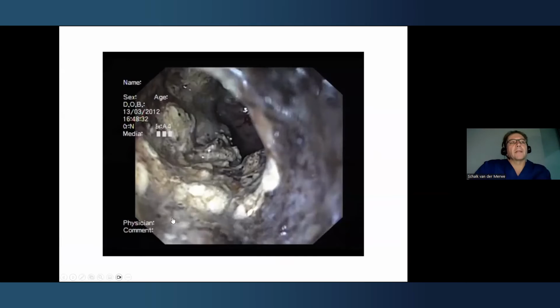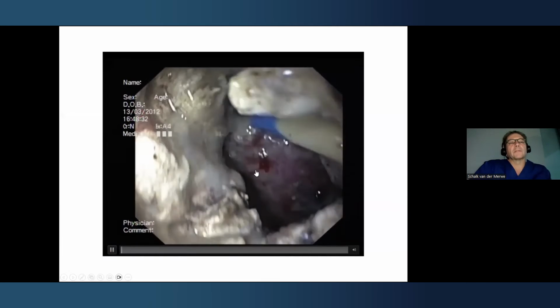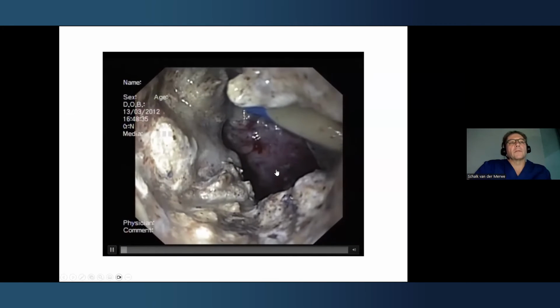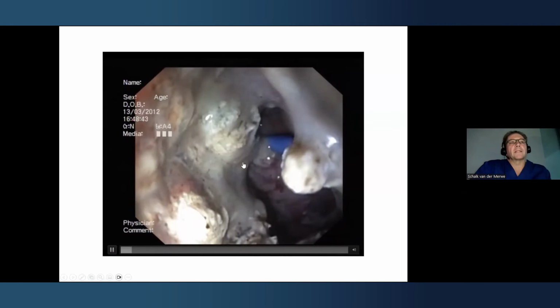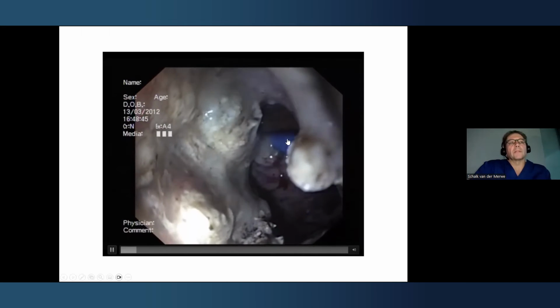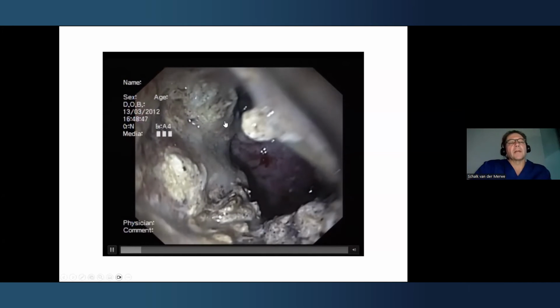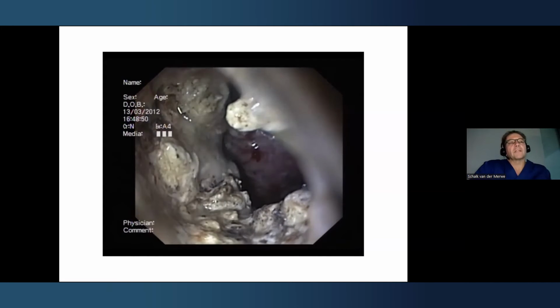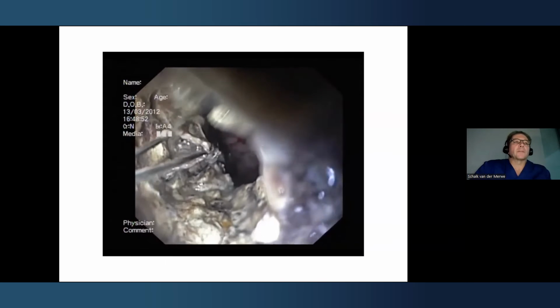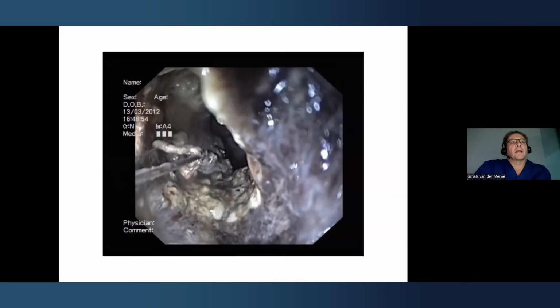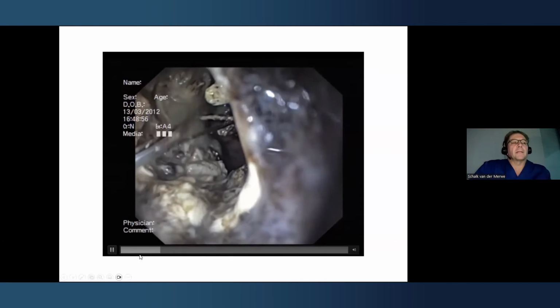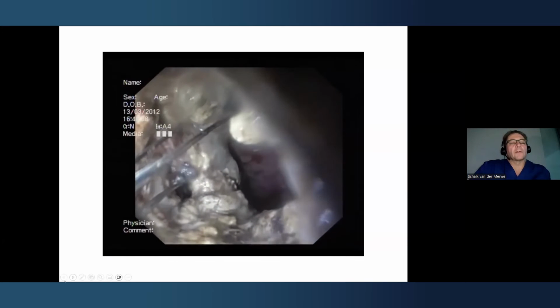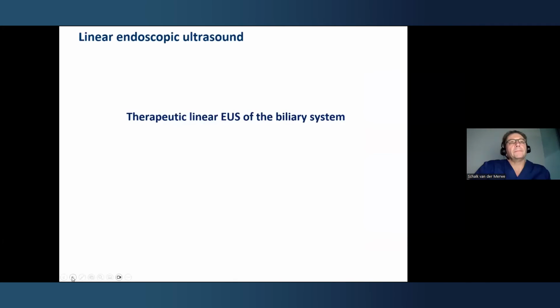And this allows then also in subsequent sessions to use this conduit in order to perform therapy, in this case, removing pancreatic necrosis endoscopically. But the procedure started off with EUS creating access, and then subsequent endoscopic procedures cleared the drainage, cleared the necrosis from the collection.